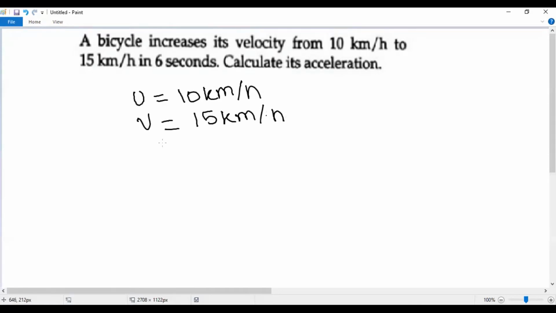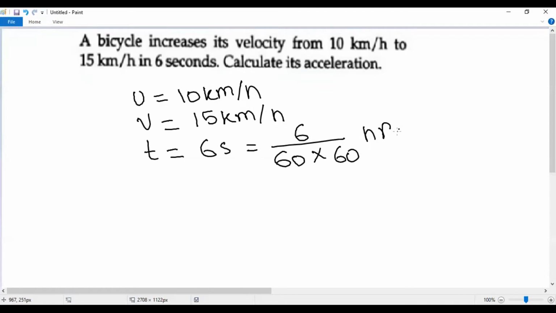Okay, and time is given as 6 seconds, but we have to convert the unit, that is seconds, into hour. We have to always remember that the unit must be the same. So 6 seconds can be converted into the unit hour by 6 by 60 into 60 hours.